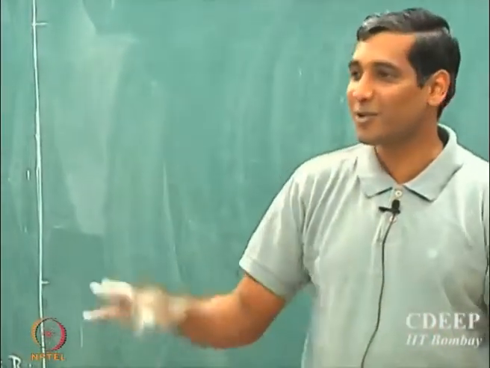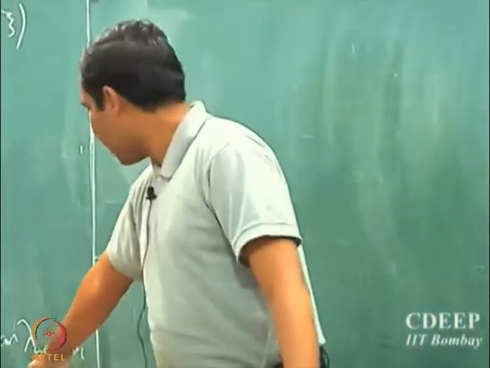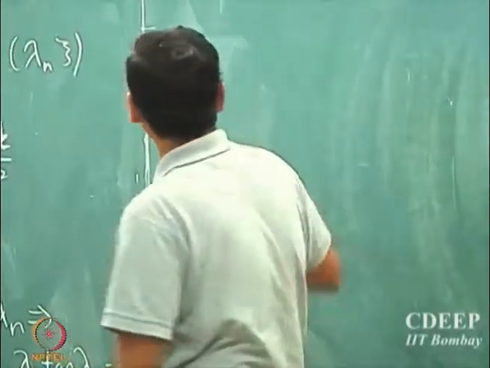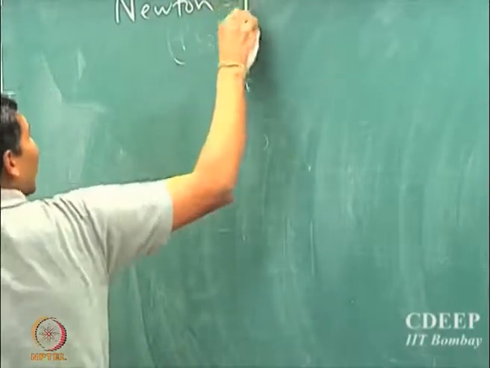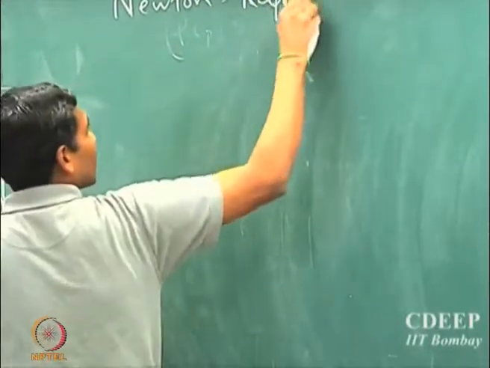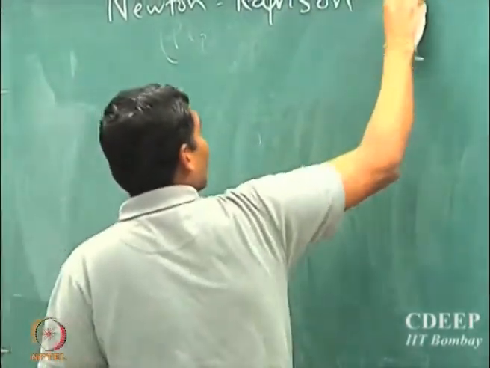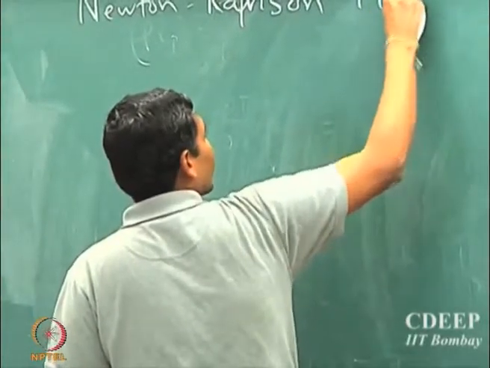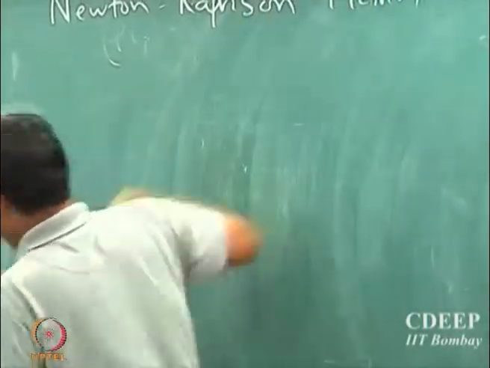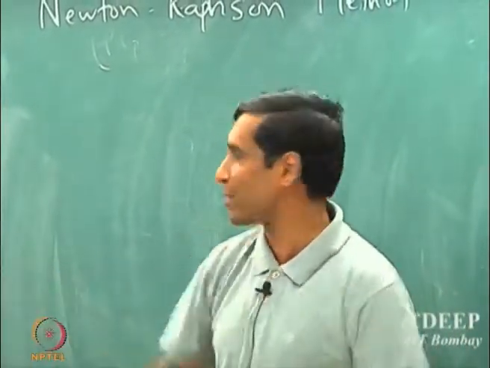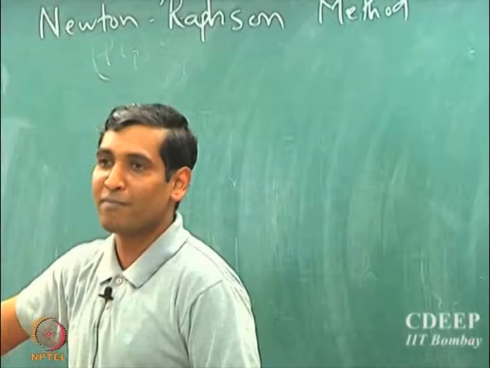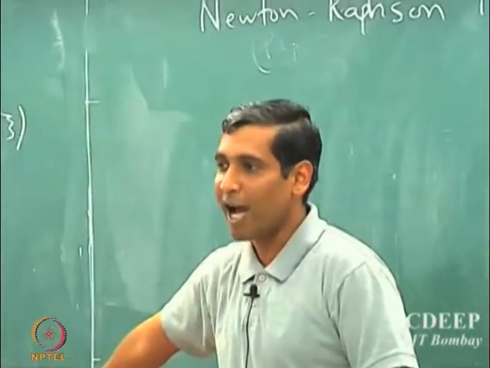No, Scilab is just software. What you use is called the Newton-Raphson method. You will see this in your numerical analysis course. So you have to use the Newton-Raphson method to solve this equation, and in fact there are subroutines in Scilab, MATLAB, etc. to solve such algebraic equations by the Newton-Raphson method.